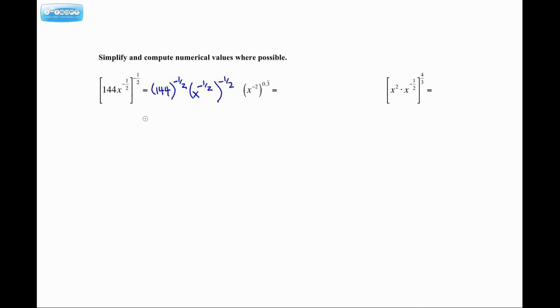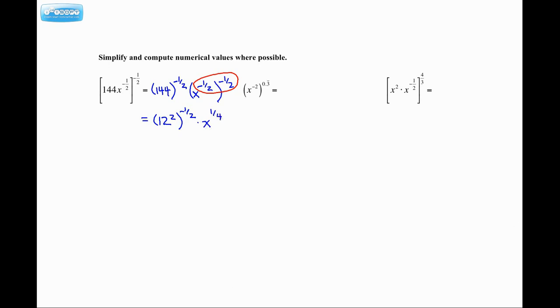Okay. So I have a number being raised to a fraction. Yuck. Well, 144 is 12 squared. And over here, I can't do anything with x. That's just a variable. But these, I can multiply them together. So negative 1/2 times negative 1/2 becomes positive 1/4.